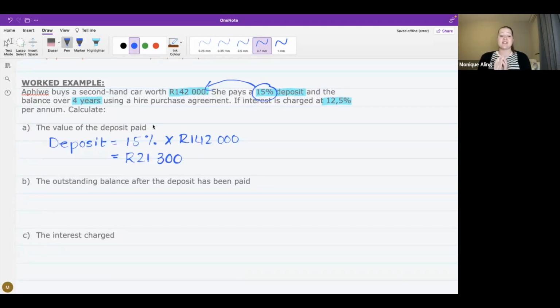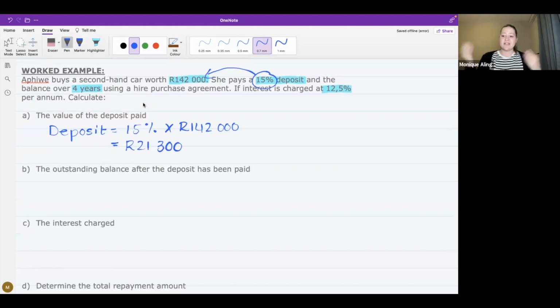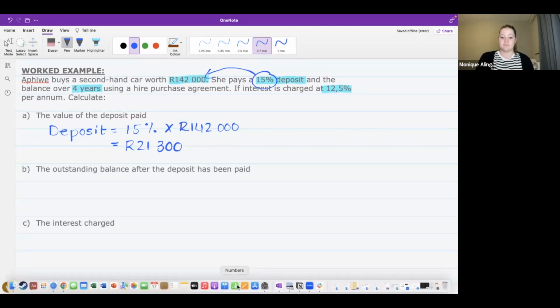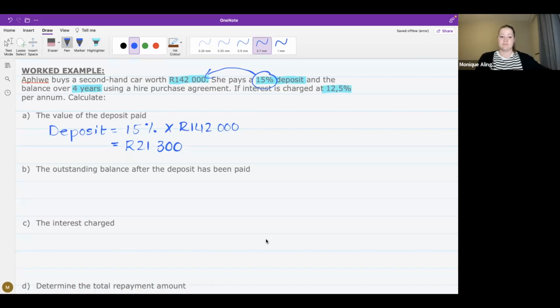Okay. And now the next question says the outstanding balance after the deposit has been paid. So calculate the outstanding balance after the deposit has been paid. How do you think we're going to do that? So what is still left that needs to be paid? So the outstanding balance is what still needs to be paid.